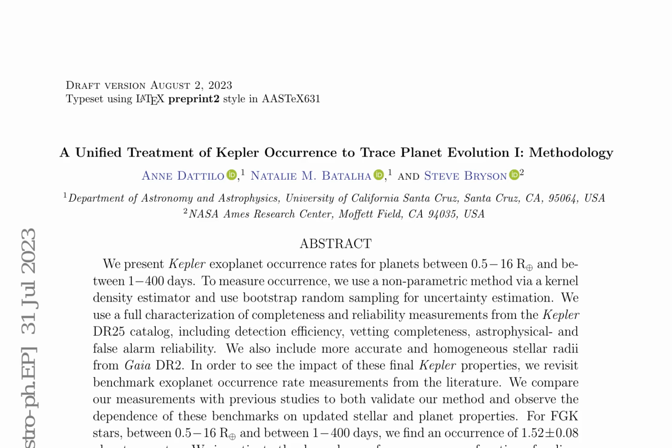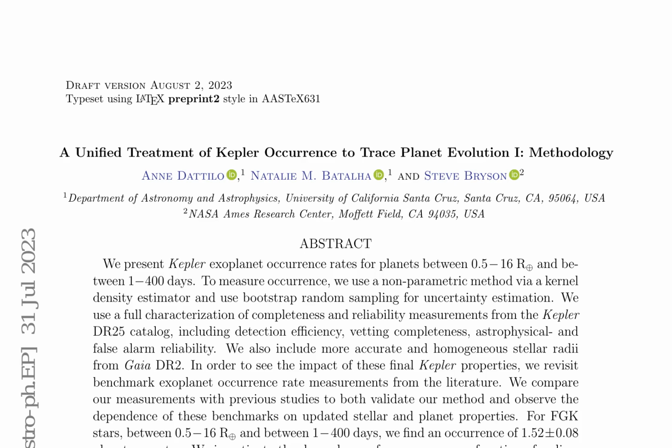Calculating planet occurrence rates is a crucial step in understanding exoplanet demographics. To achieve this, researchers employed the inverse detection efficiency method, IDEM, on a sample of 2,575 planet candidates detected by the Kepler Space Telescope. IDEM accounts for both completeness and reliability in the survey, adjusting the occurrence equation to include weighting factors based on these metrics.